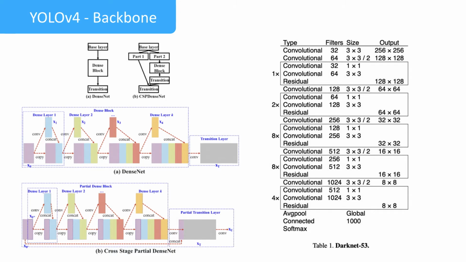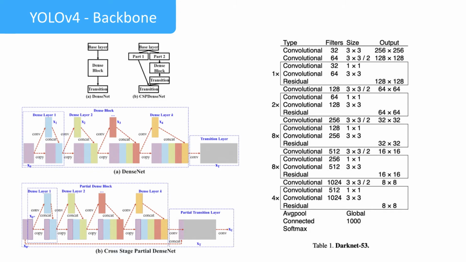And this isn't the only change made to the backbone. I'm only going to cover two, but there were way more. This particular change for the backbone is CSP, as I mentioned before. In the Darknet 53 architecture, which for V3 was the actual architecture diagram being used, V4 implemented CSP in Darknet 53.